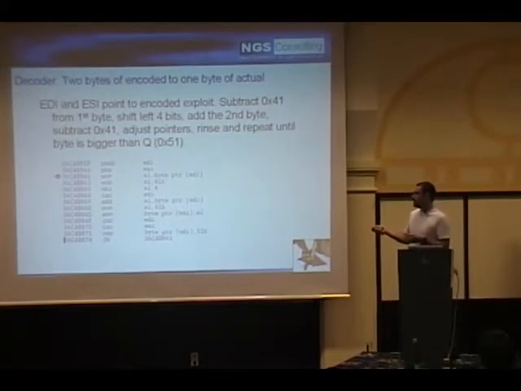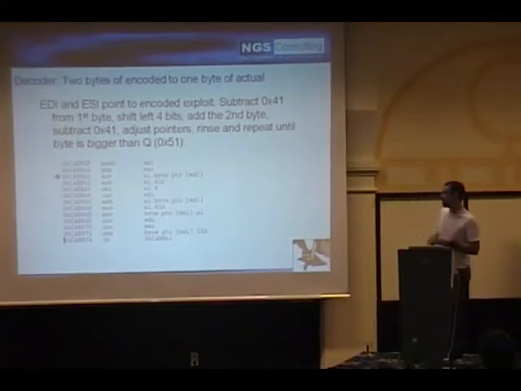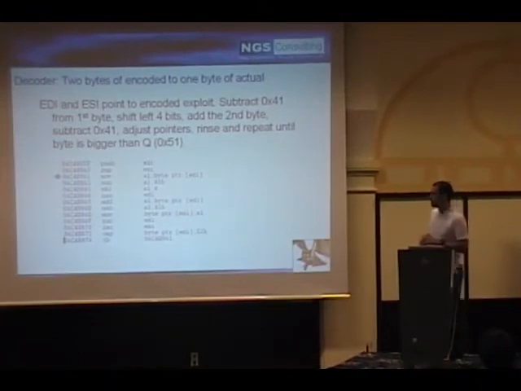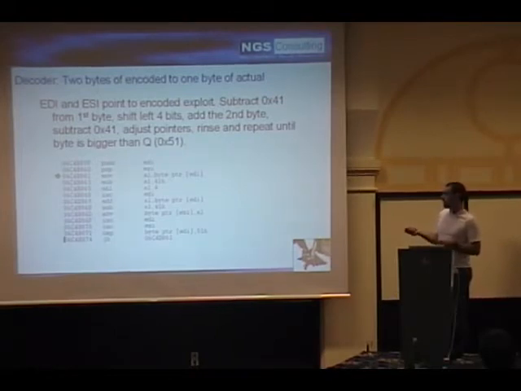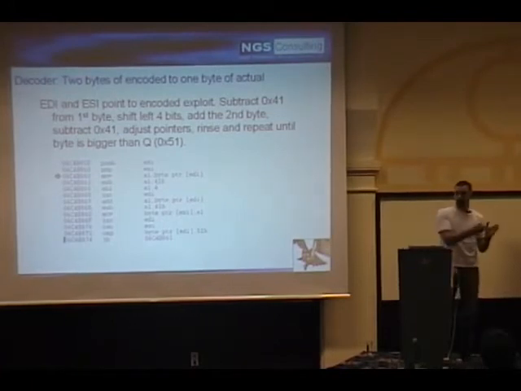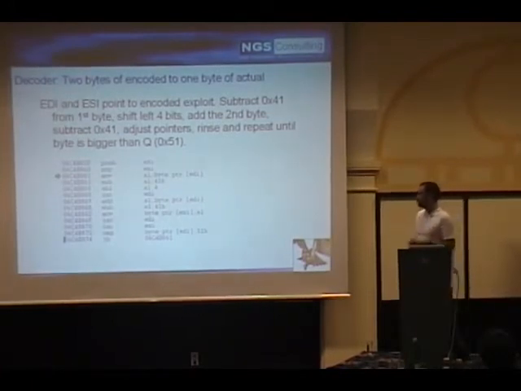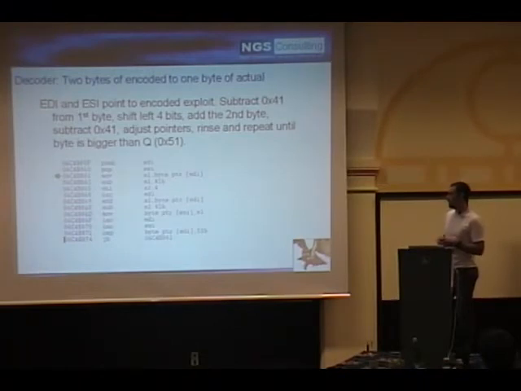Essentially, we set ESI and EDI to point to the beginning of the encoded exploit, move the byte into the AL register, subtract 0x41 from it, shift it left 4 bits, and then increment the pointer to the next byte in the list, add that to the AL register, subtract 0x41, and eventually we're left with our original byte of real exploit code in AL, which is then written to ESI.